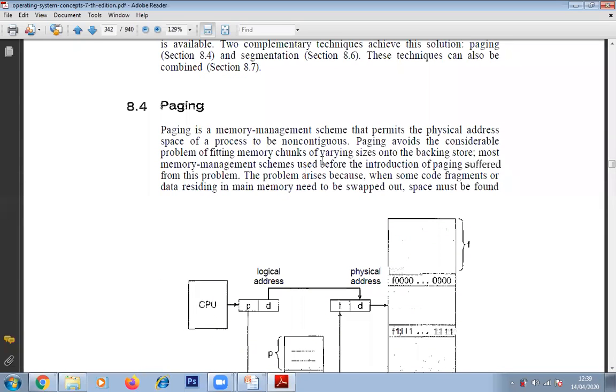Paging is a memory management scheme that permits the physical address space of a process to be non-contiguous.